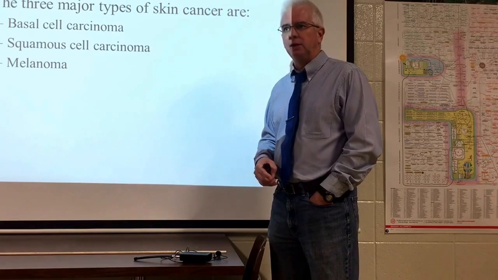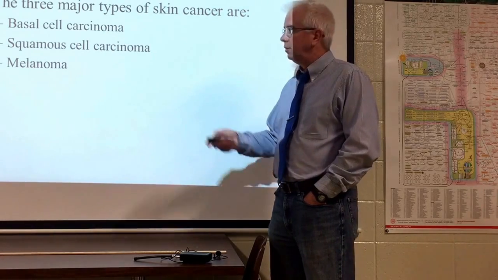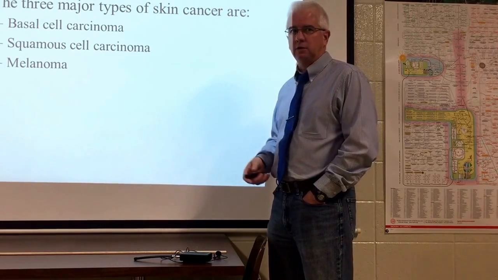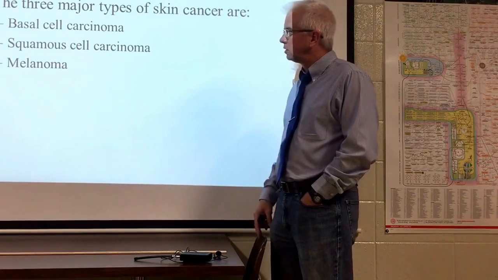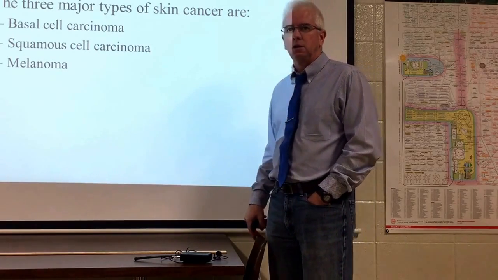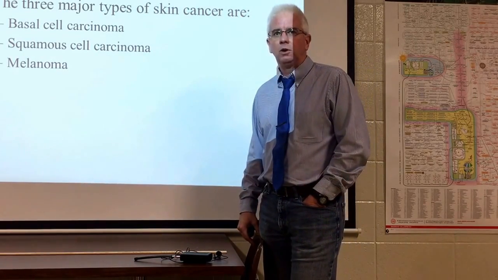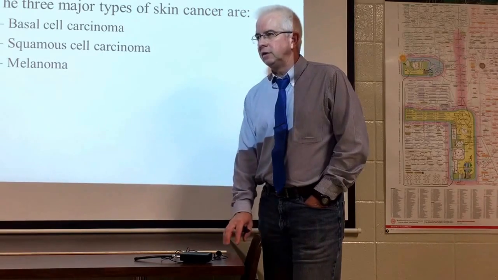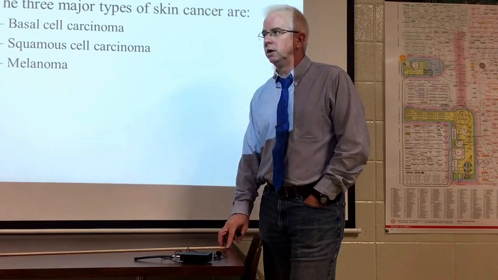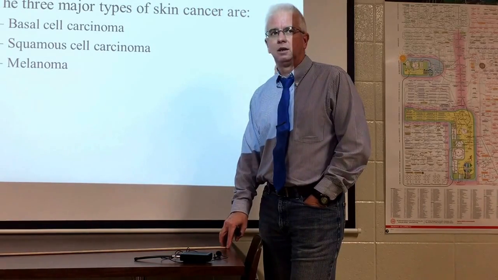That's an epithelial cancer. A squamous cell carcinoma, an epithelial cancer. Would it be possible, from what you know about histology, to have a squamous cell carcinoma somewhere that is not skin?